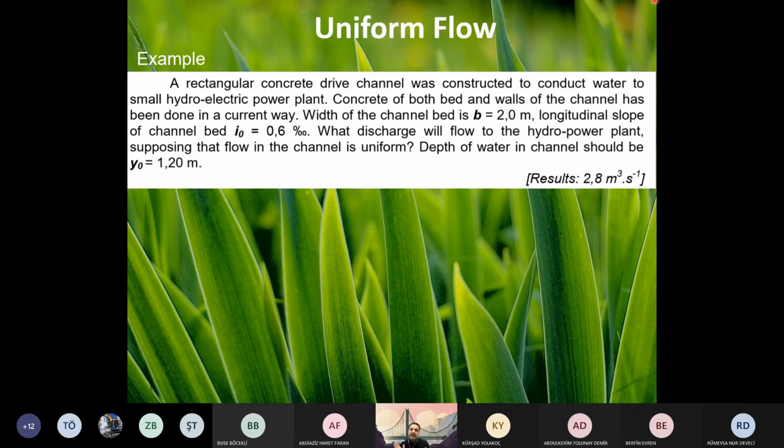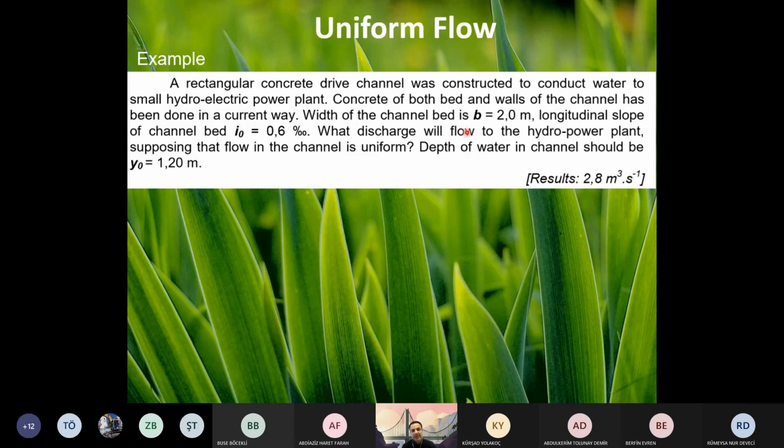Concrete on both bed and walls, we have bed and walls in a rectangle. The cross section of the channel is rectangular, and it has been lined in a concrete way, which means roughness should be low, not high.